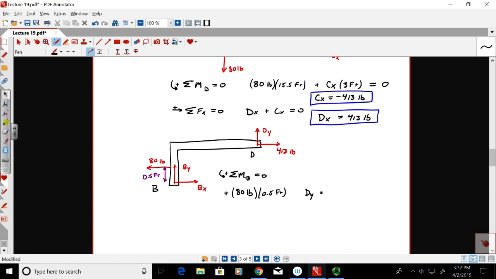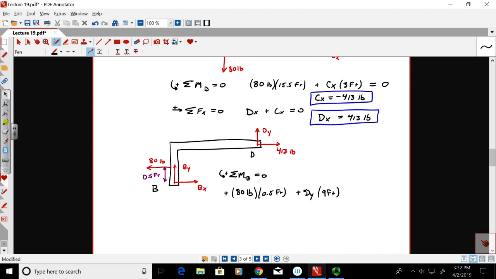dy times its perpendicular distance to B. What's the horizontal distance from B over to D? 9 feet, right? And that's also positive. And then finally, the 413-pound force, which is dx.